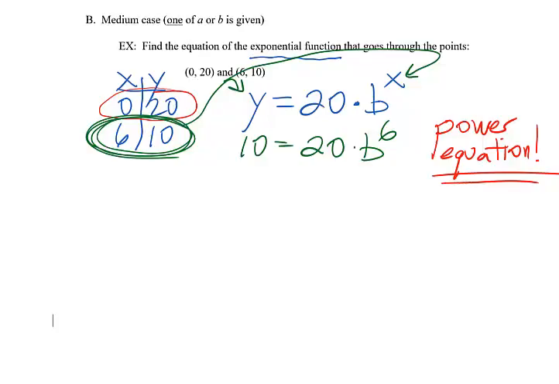Looks like the first thing I need to do is isolate the base and the power. That 20 is in my way, so I'll divide both sides by 20. I don't want to go to decimals yet. I want to keep everything exact, so I can go ahead and reduce this fraction to 1/2. The other side I have b to the 6th. And then to get rid of that power, remember I take each side to the reciprocal power.